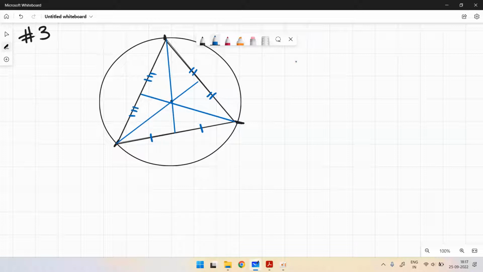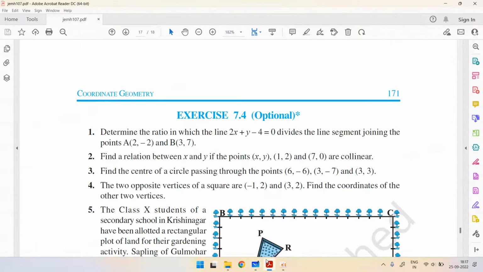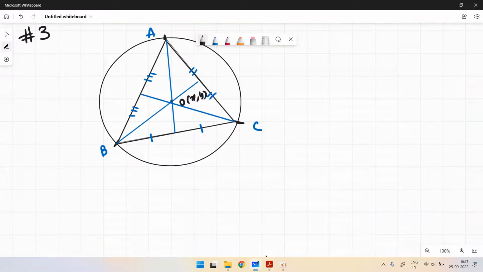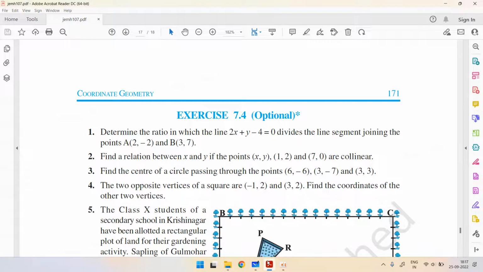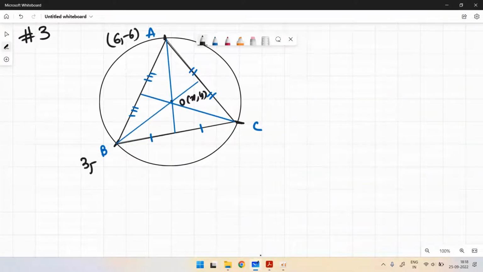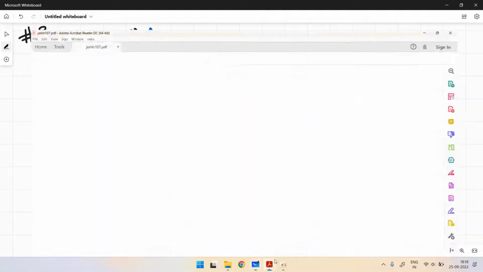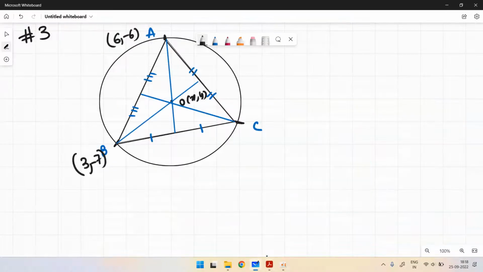Let me see, if I take this to be A, this is B, this is C, this is my point O, I am taking this to be (x, y). So this is (x, -6), (6, 6)... (3, -7) and this is (3, 3).